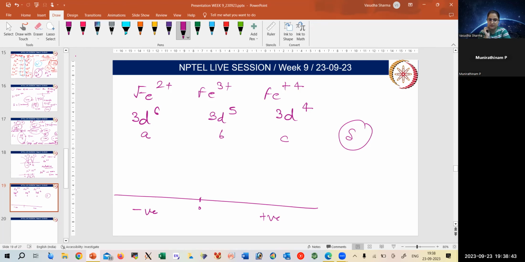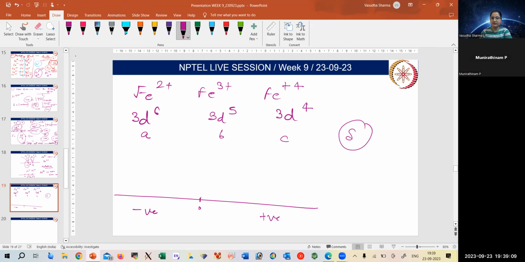Fe2 plus goes to positive side. Fe plus 4 goes to negative side. And Fe3 plus? Fe3 plus is in 0 position. We can't say 0 position, but yeah, in between the two.